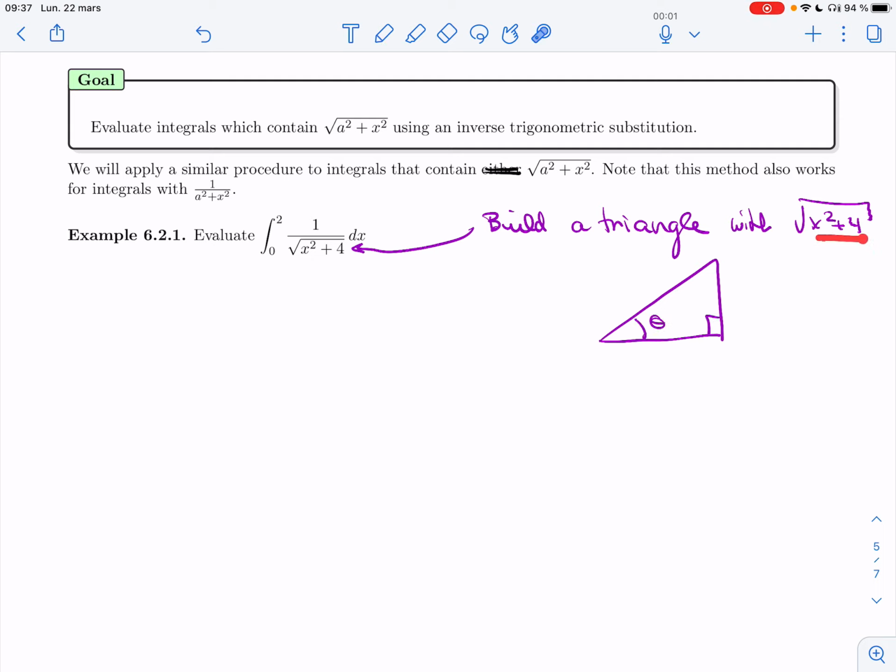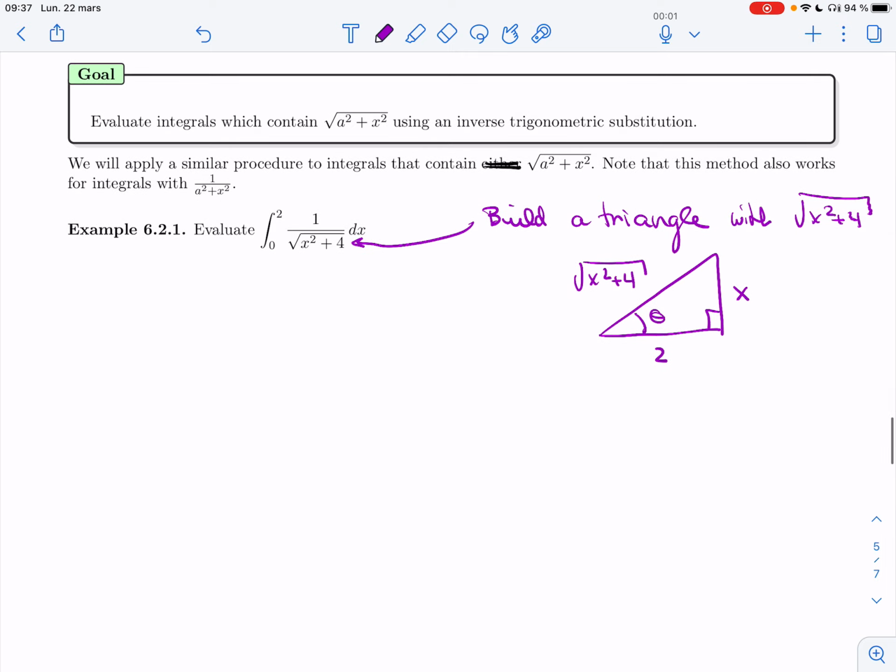Because I have two positive numbers, I'm forced to put that as the hypotenuse here, and then I have x and 2 to put. I'm going to place them this way just to simplify things, but the other way would work as well. It's just that you'd have to work with cotan, which we try to avoid.